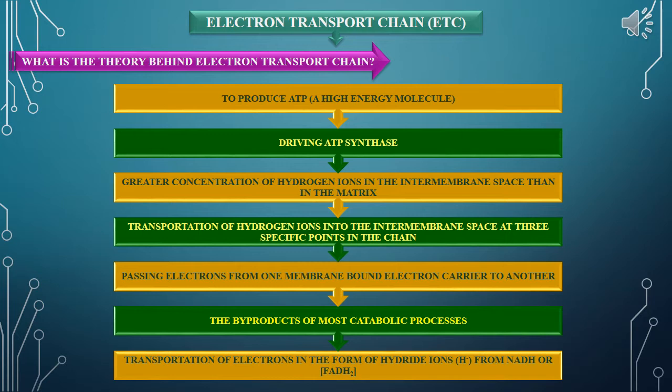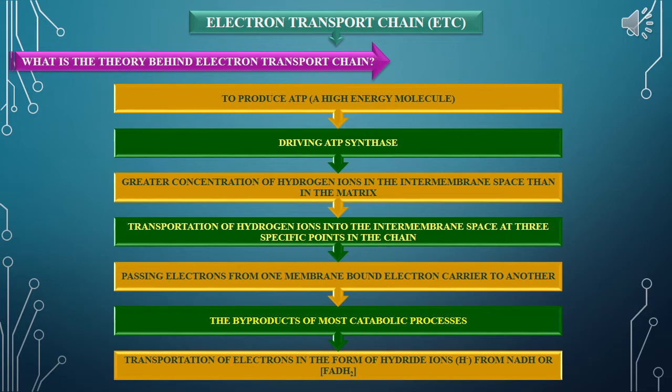These electrons are transported from the byproducts of catabolic processes. What are the catabolic processes? Glycolysis, TCA cycle, beta oxidation, etc. And in what form are electrons transported? As hydride ions. What are hydride ions? They are present along with the coenzymes called NADH or FADH2.